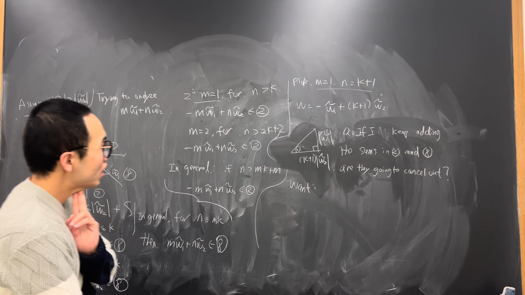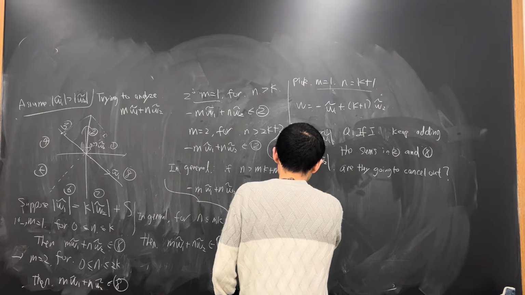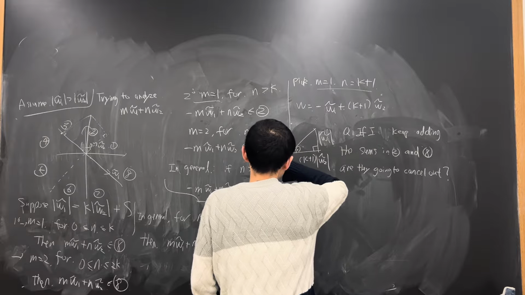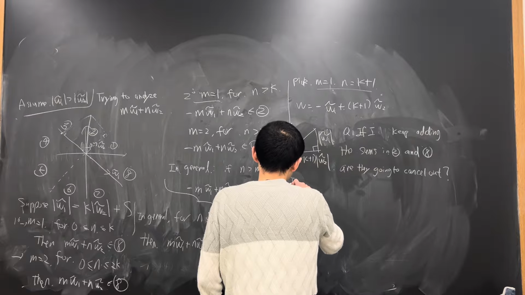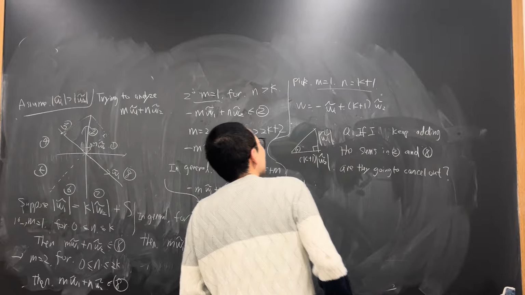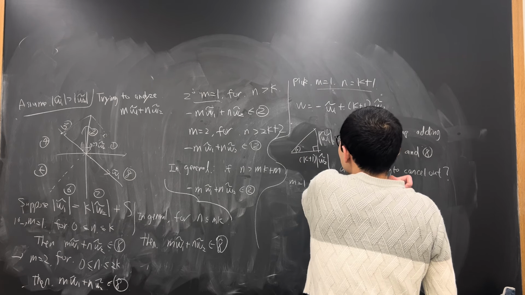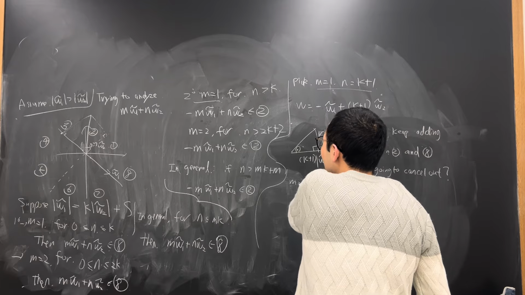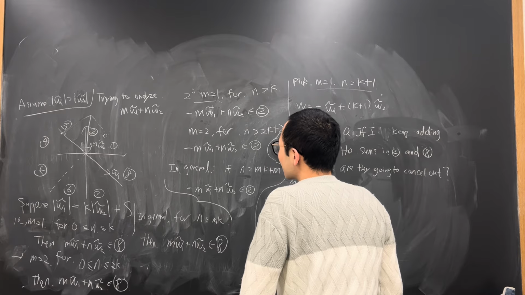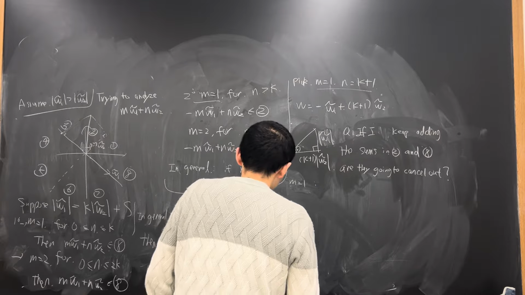So basically, in one line, let's just keep m equal to 1. Okay, so what do we get in this scenario?